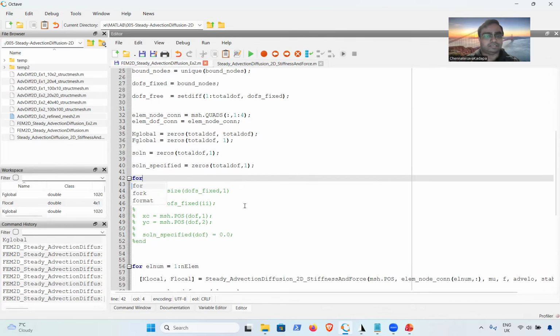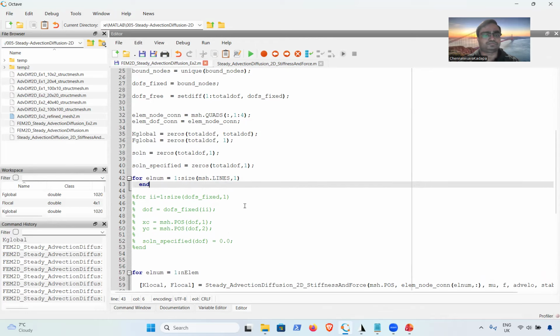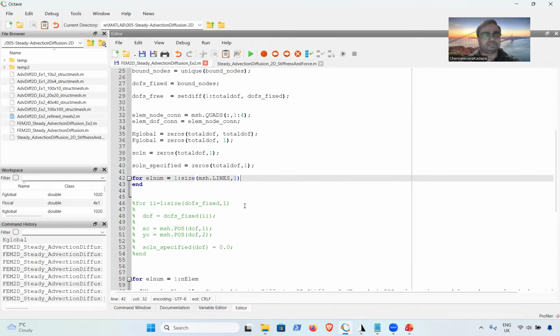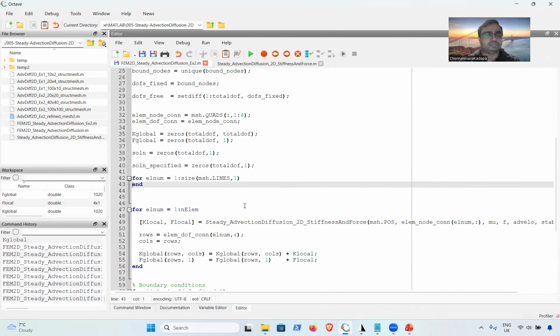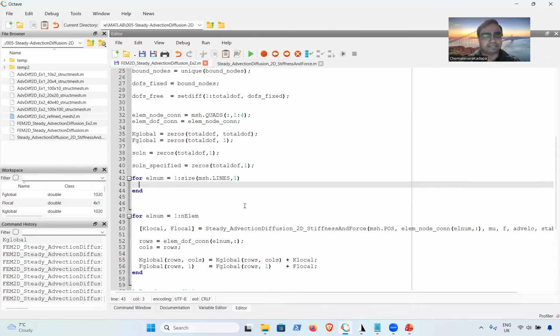I'm going to add a loop over all the lines.